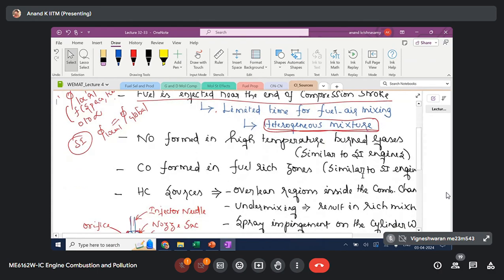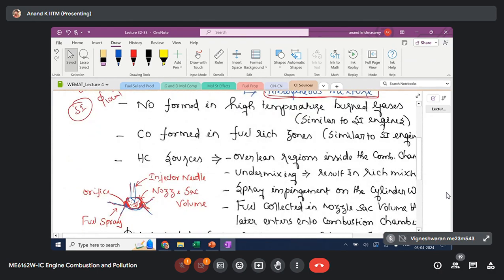Okay, so NO, similar to the SI engine, is also formed here in the high temperature burned gases. But the only difference here is you have a different global and local equivalence ratio. The local equivalence ratio distribution is what is going to affect it, because you know NO forms at high temperature, and high temperature is also dependent on the equivalence ratio inside the cylinder.